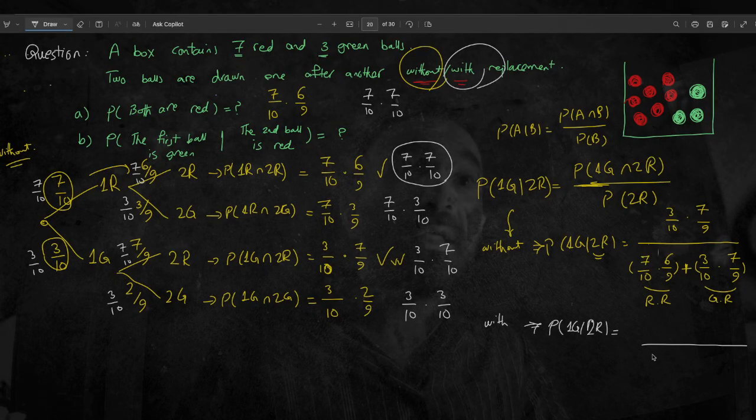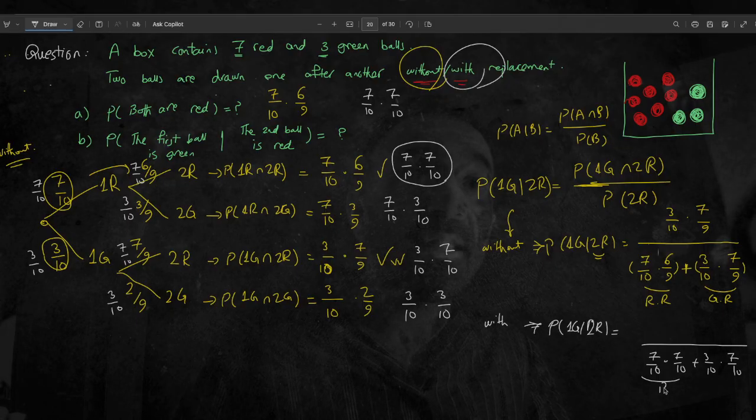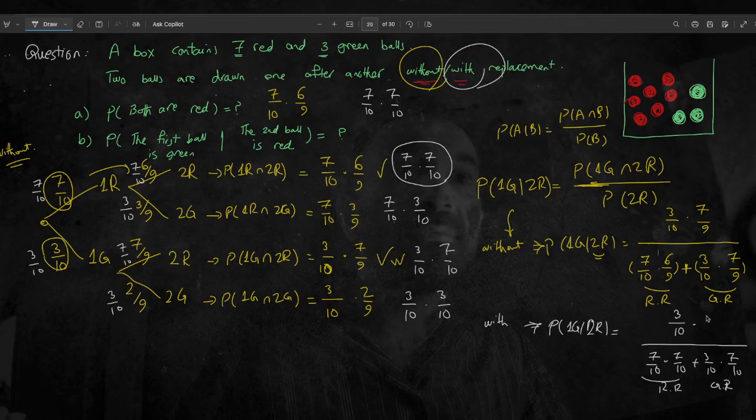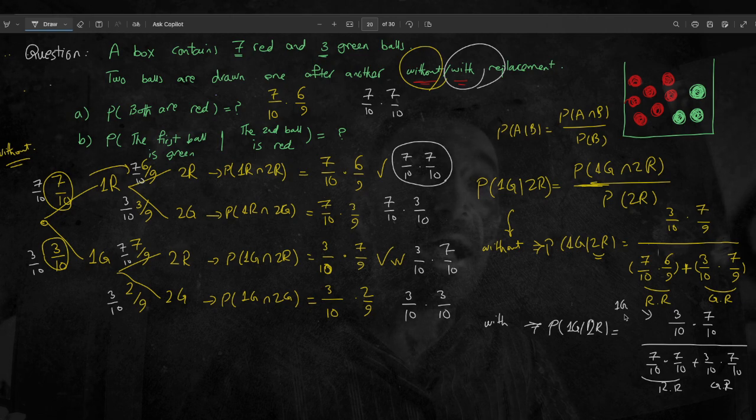So the denominator is 7 over 10 times 7 over 10 plus 3 over 10 times 7 over 10. Why? This is the case of red, and this is the case of green and red. What is the numerator? The numerator is going to be 3 over 10 times 7 over 10, because I'm interested in the case that the first ball is green and the second ball is red.